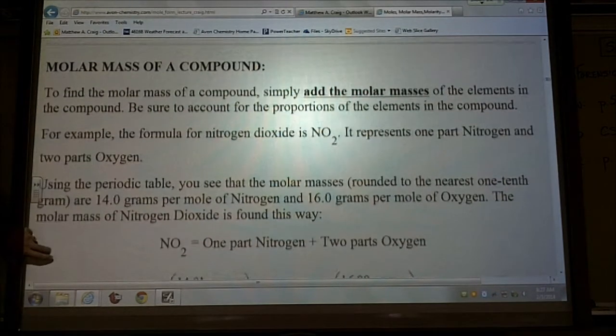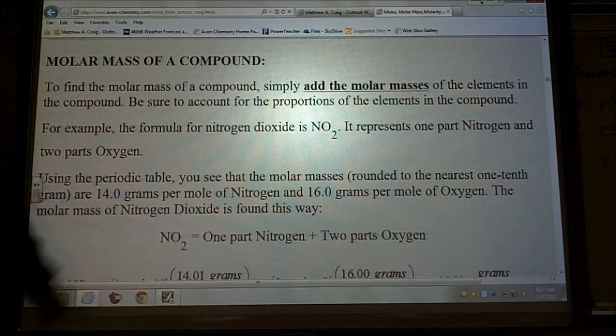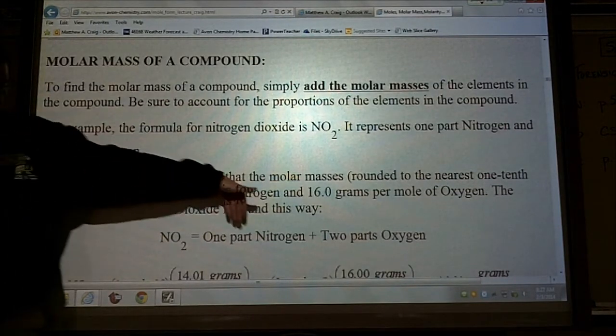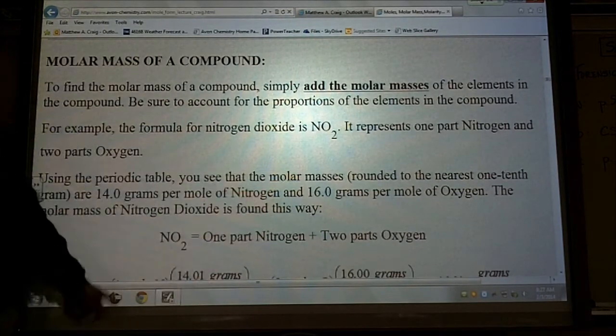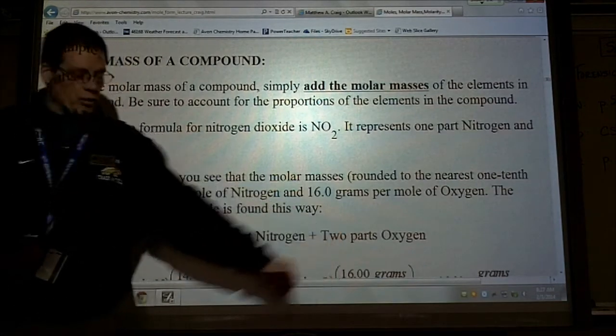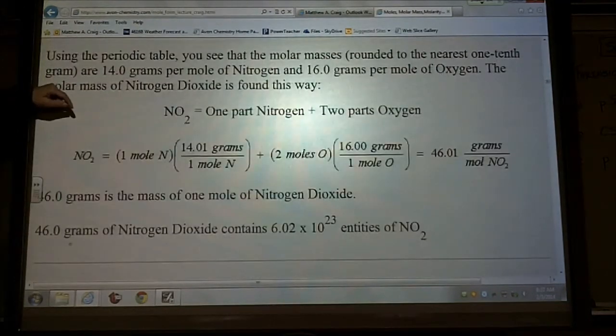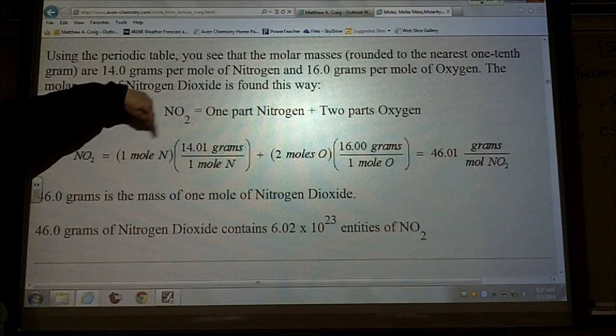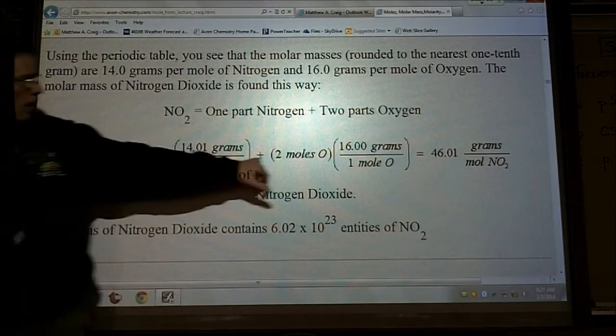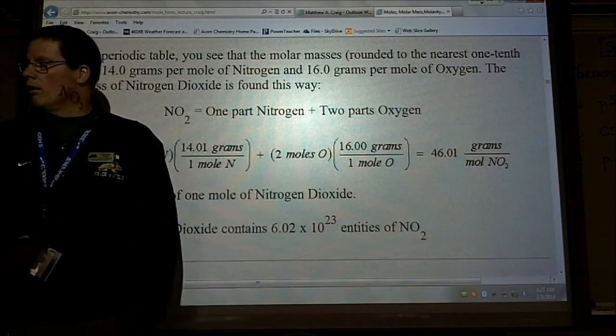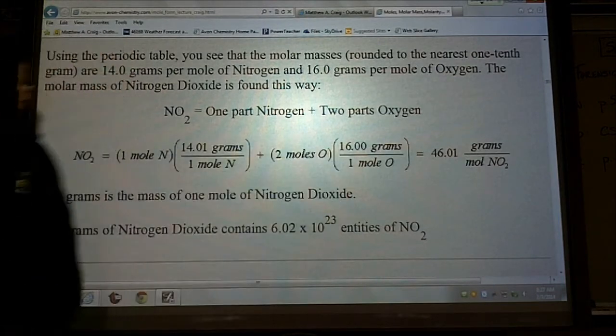Like if I had nitrogen dioxide, I have 1 part nitrogen and 2 parts oxygen. So I'd multiply 1 mole of nitrogen times 14.01, and then add it to the 2 moles of oxygen and get my total mass.